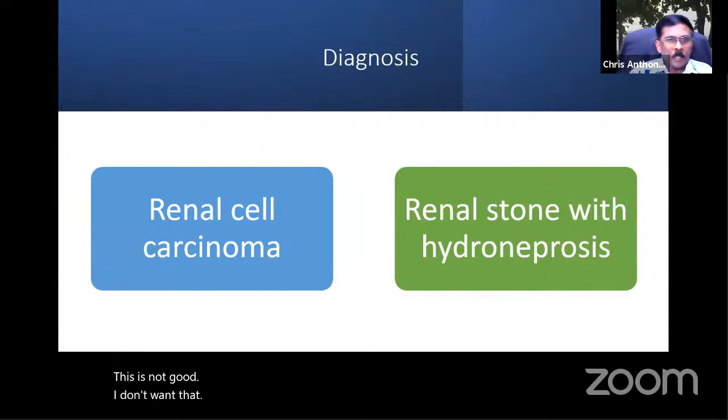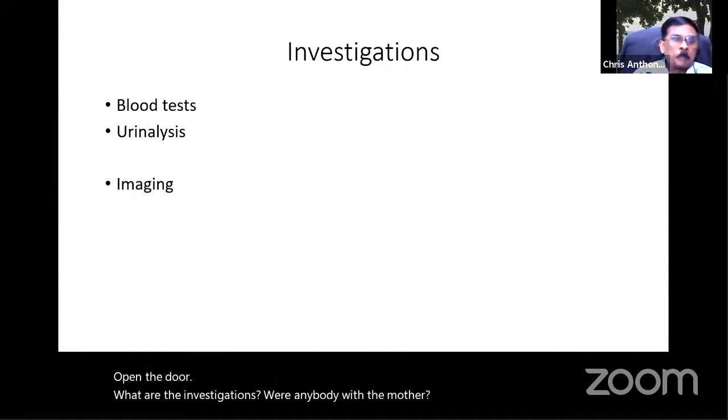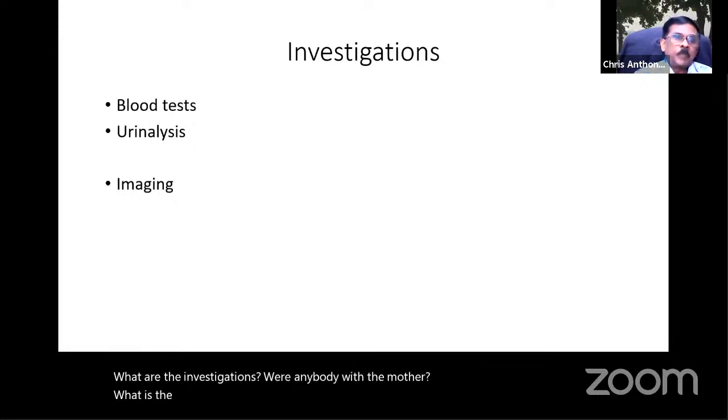Okay, so now I come to you. I open it up to you all. What investigations do you want to do? Anybody? Jyoti Mala? What investigations would you want to do for this patient? I put here blood, urine and analysis.